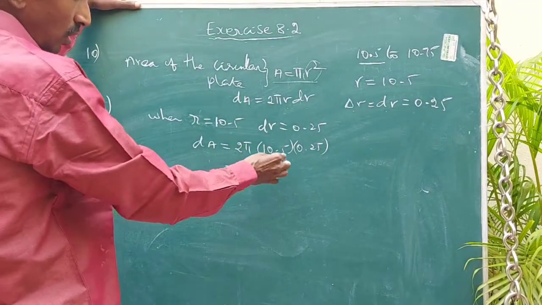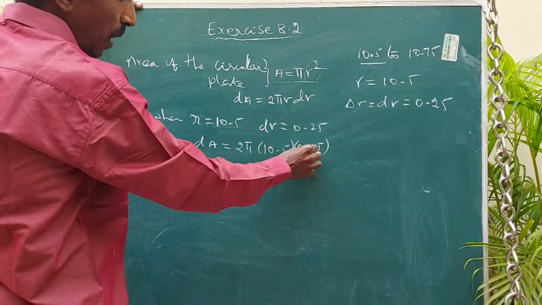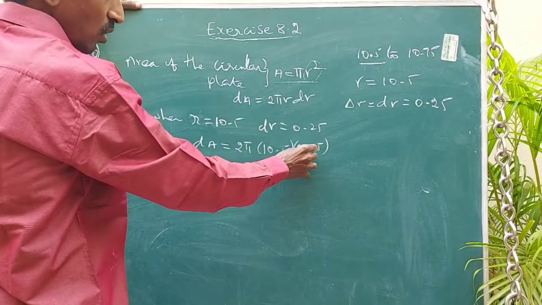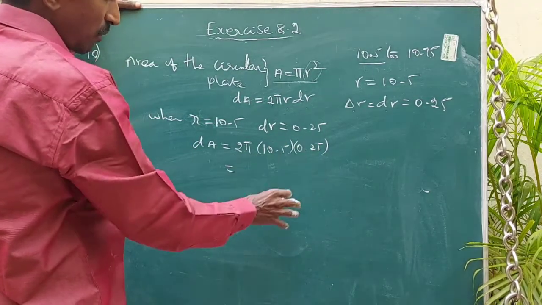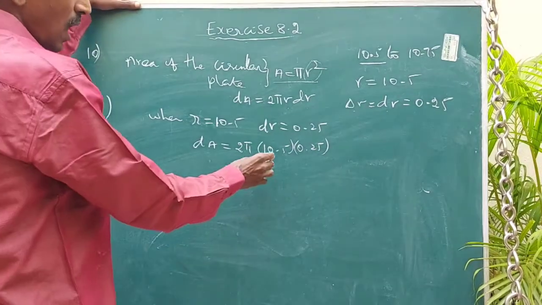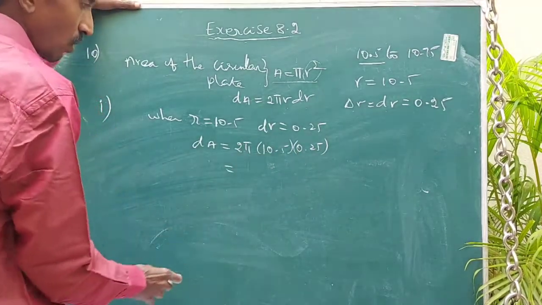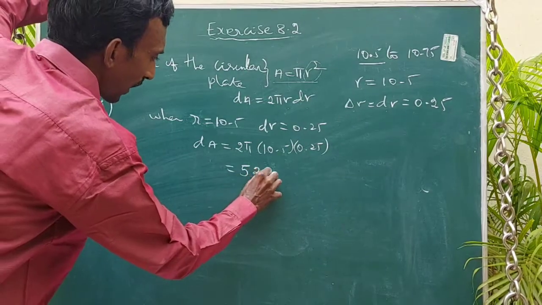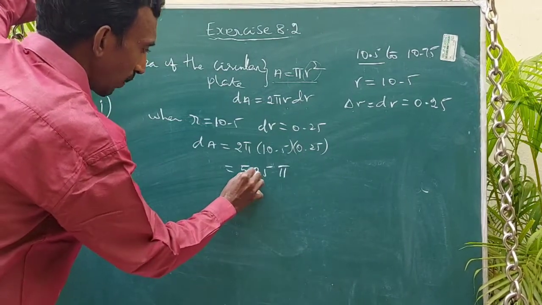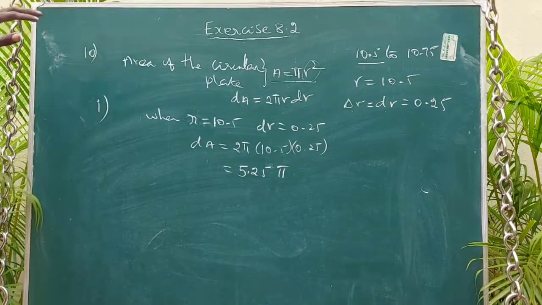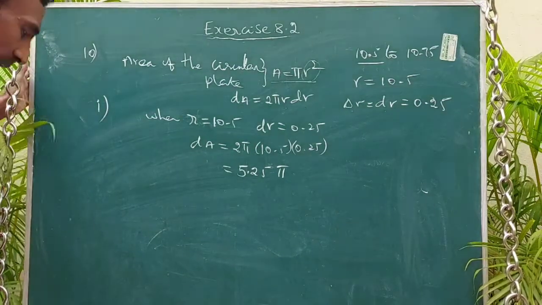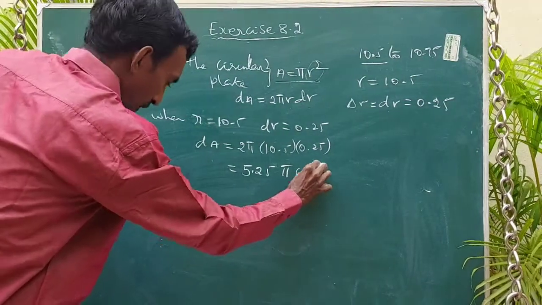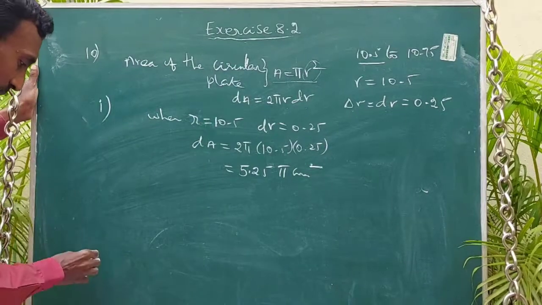So find the value here. 2 into 0.25 is 0.5. Then 0.5 into 10.5, forgetting the decimal places, 105 into 5 is 525 pi. With 2 decimal places, we put 5.25 pi centimeters squared. So that is the answer for the first subdivision.